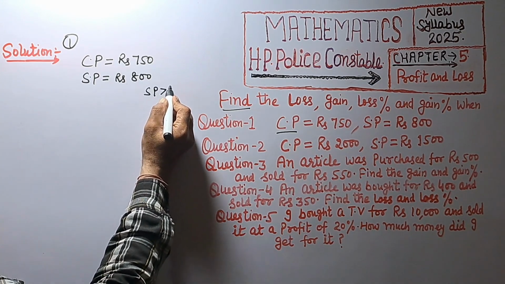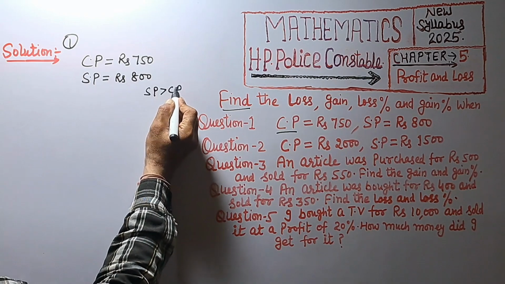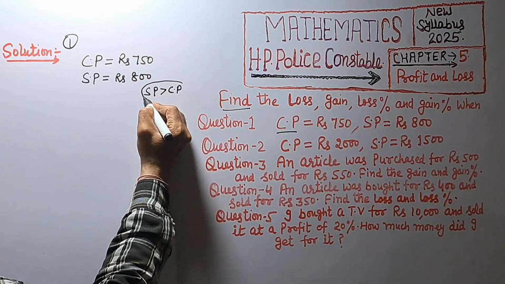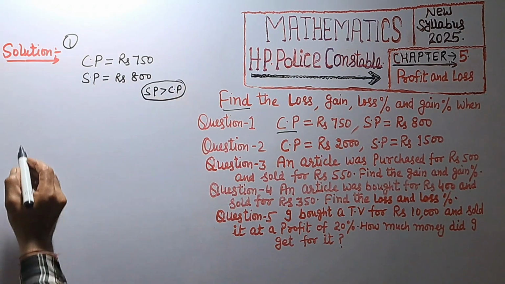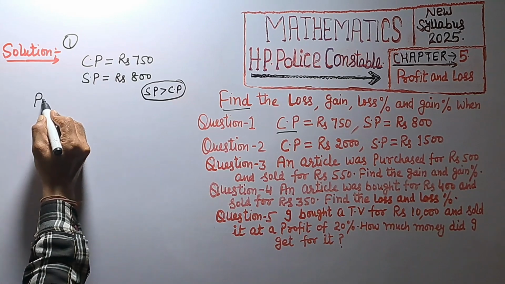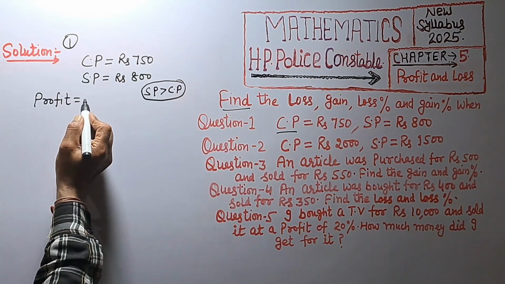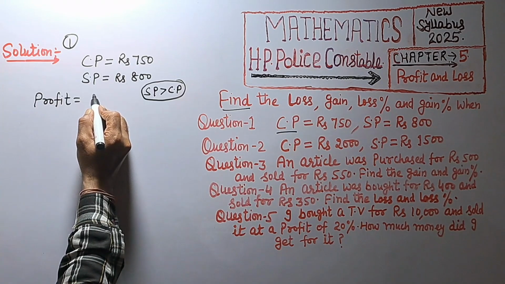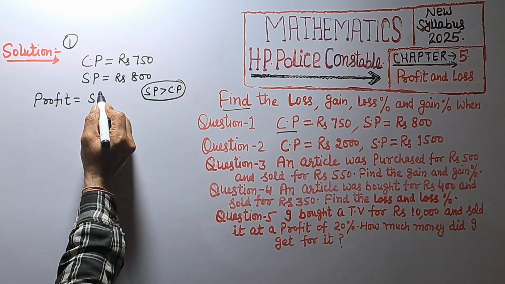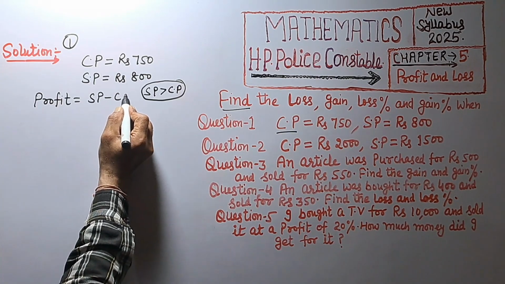SP is greater than CP, so we get profit, and profit is equal to selling price minus cost price.